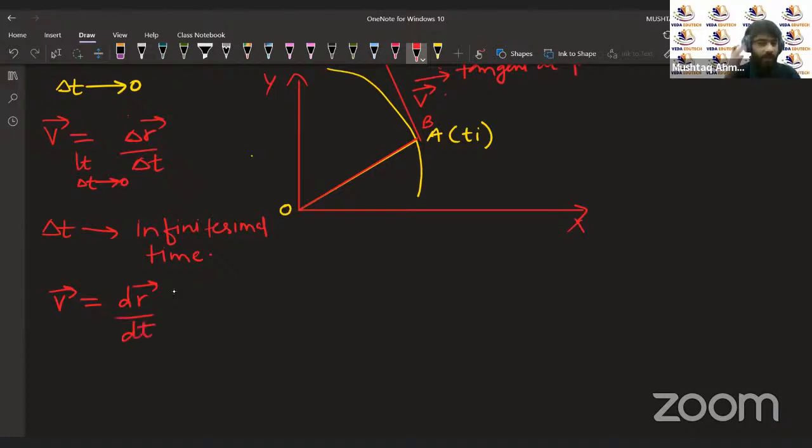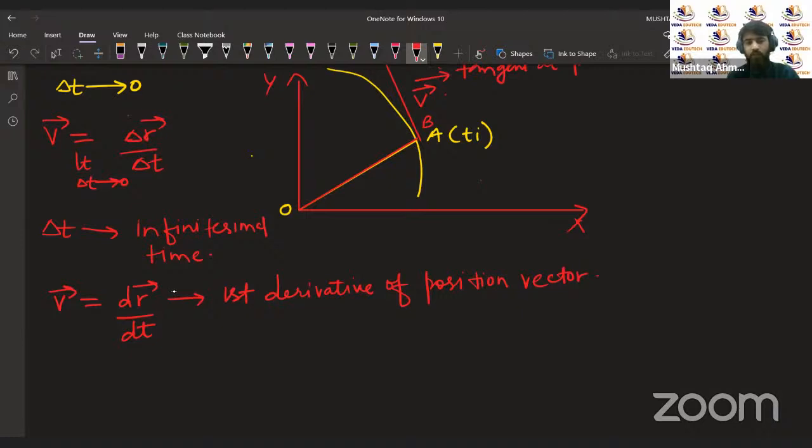Now this chord has coincided at point A, and has become the tangent at point A. Our velocity at this point is dr vector upon dt, the first derivative of the position vector. So velocity is defined as the rate of change of position vector with respect to time, d by dt of the position vector.